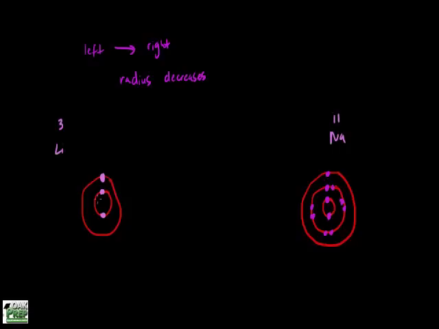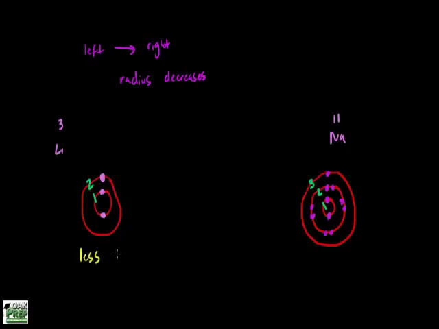So what we see here is that we have a different number of rings, 1, 2, and this one has 1, 2, and 3. So if this right here ends at 2, the size must be smaller than this one, right? So the distance from the nucleus to the valence shell is less, right?